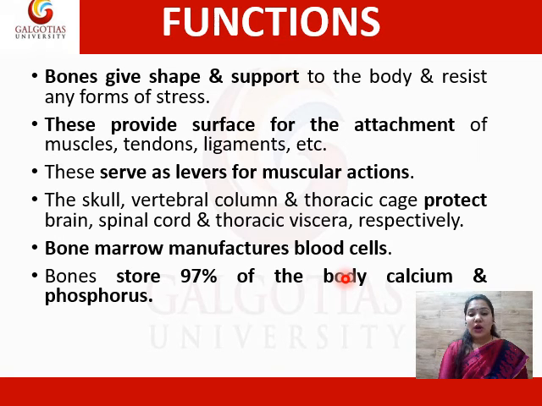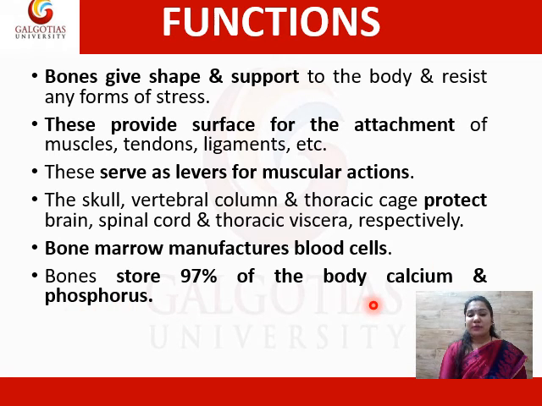Likewise, the orbits are securing the eyes and the heart is secured by the thoracic cage. The lungs are also protected by the rib cage. So this is the main function of the bone, to protect the vital organs.